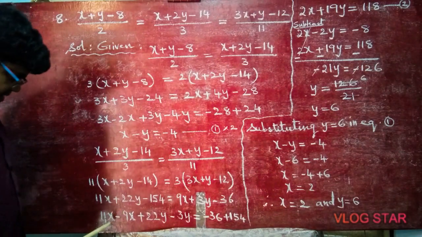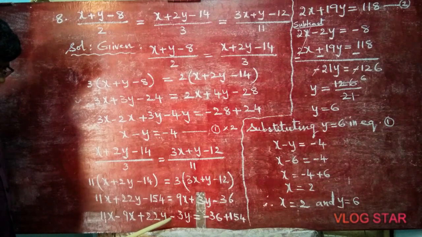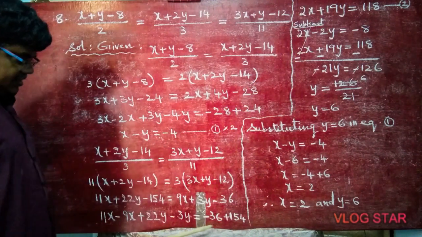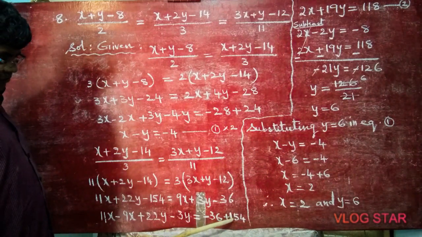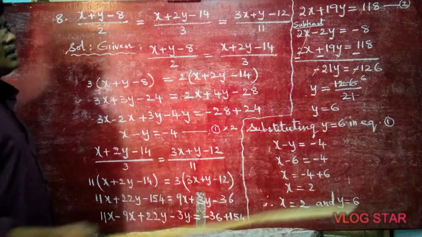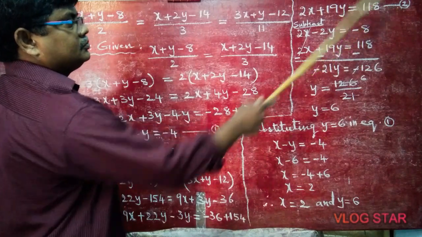Now simplify. 11x minus 9x is 2x, 22y minus 3y is plus 19y, is equal to 154 minus 36, which is 118. This is equation number 2.